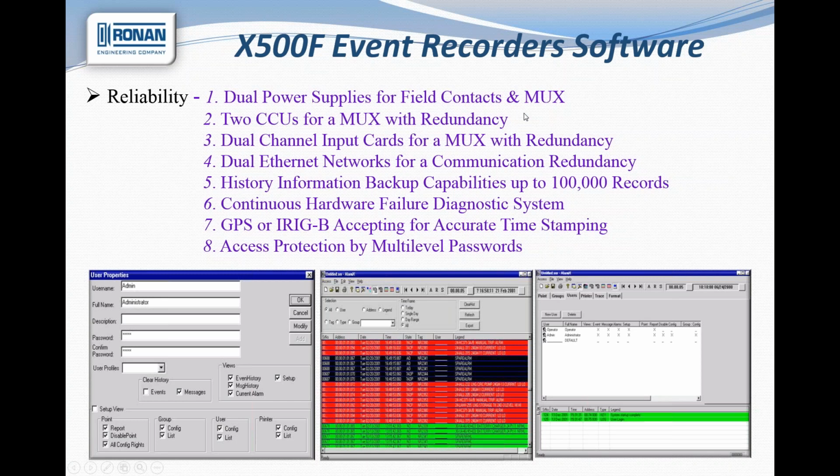There are 2 CCUs per multiplexer, dual channel inputs, dual Ethernets, history information for up to 100,000 recordings, continuous hardware failure diagnostics, GPS or IRIG-B for accurate timestamp, and access protection with multi-level passwords. So here are the images of what that looks like.